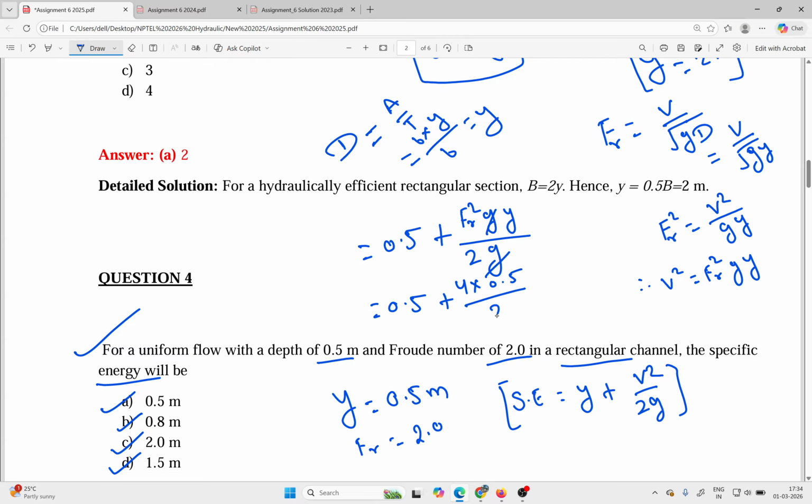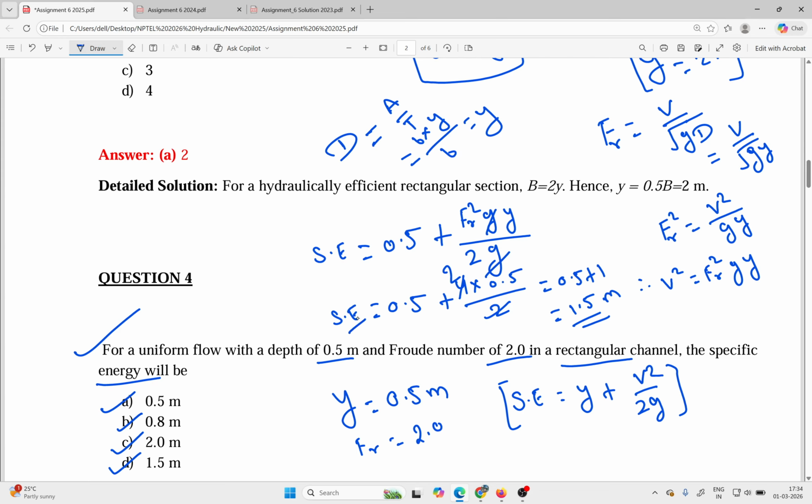So 4 divided by 2 is 2. 0.5 plus 1 is 1.5. So this will be your final answer, in meters. This is your specific energy.